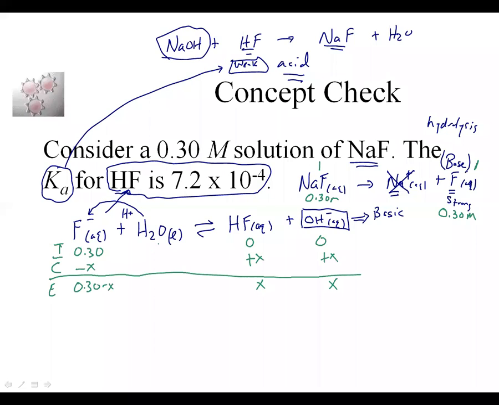Just like before, I'm not touching anything here because it is water. It's not involved in the calculation. You don't want to put something in there that you actually don't need to use. So like normal, we're going to put this into our K value here, which is our products, which in this case is HF times OH minus divided by F minus.